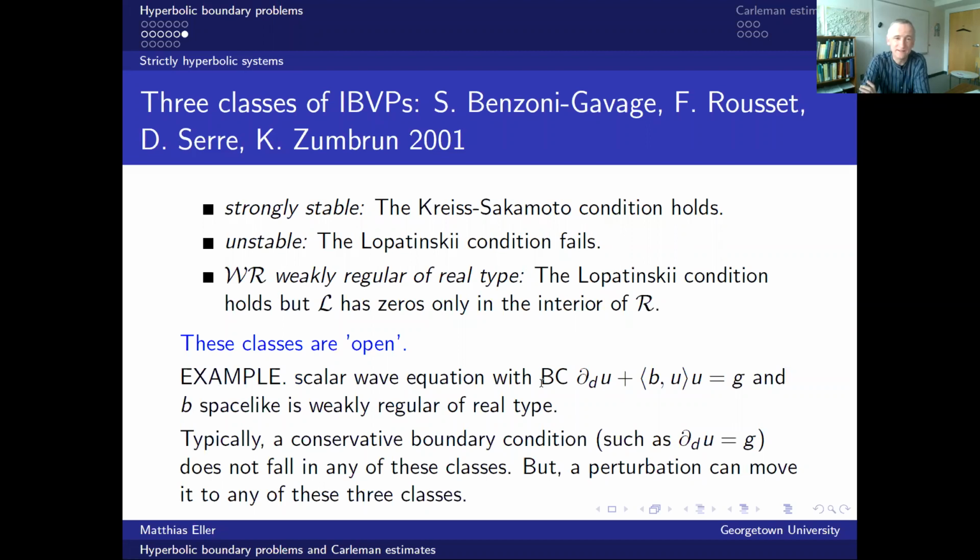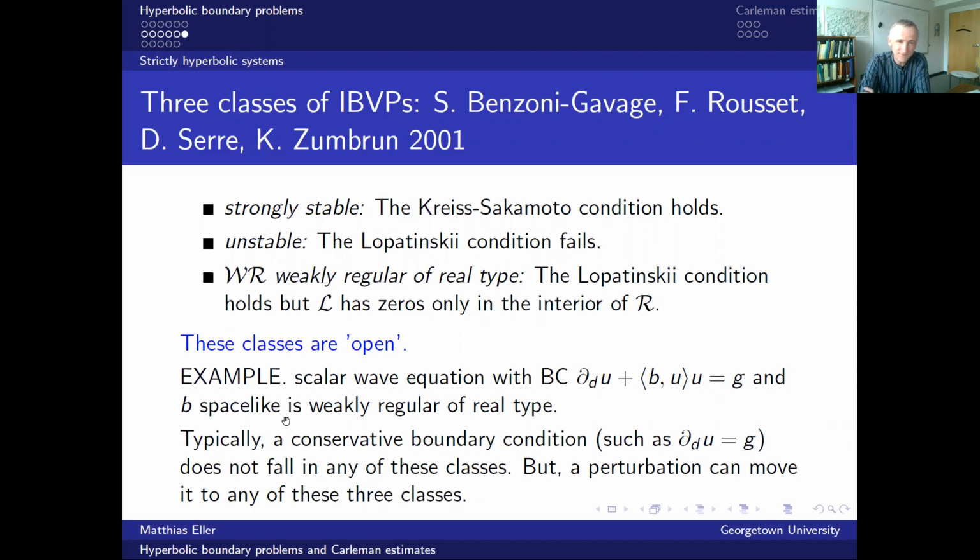What would this be? The scalar wave equation, when you have, so to speak, here the normal derivative, and then, oh wait, the U is superfluous here, that shouldn't be there. Then you have an inner product between a vector field and the gradient. Sorry, it should be the tangential gradient.